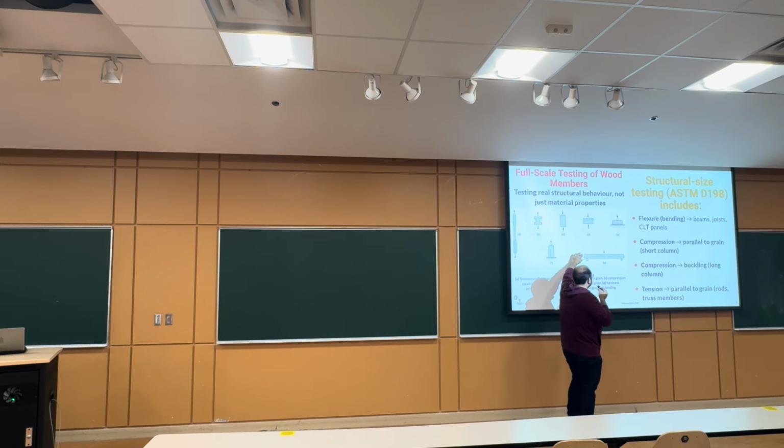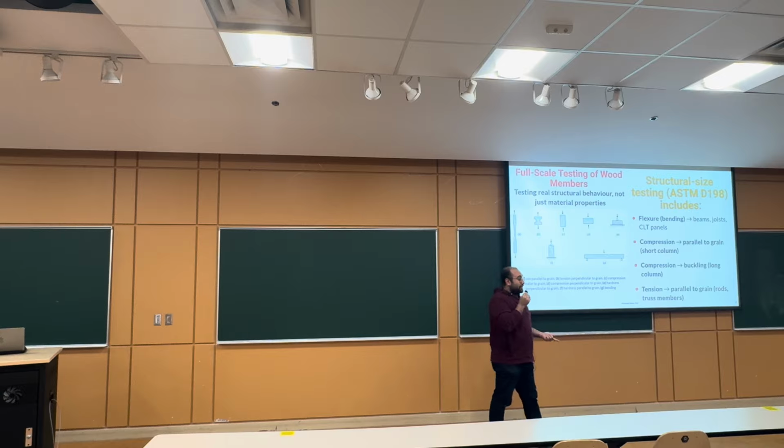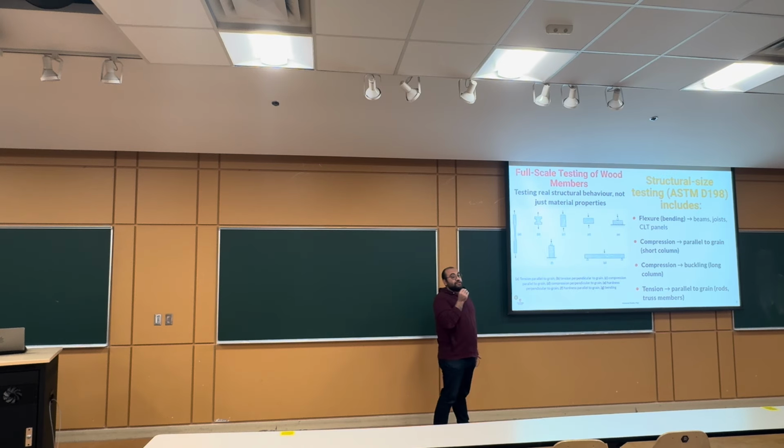Then this element will start to experience flexural strain, so it will start bending, and we can compute everything we need from the bending behavior: the flexural strengths, the bending moments, and any other measurements that we might need for this application.